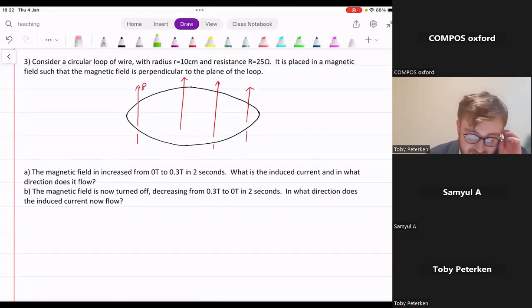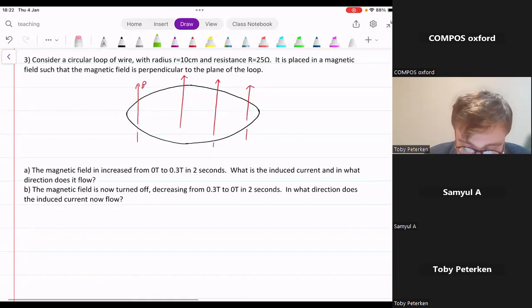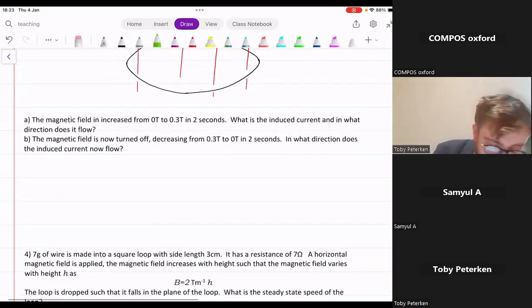So in this case, consider a circular loop of wire. It's got a radius of 10 centimeters, and it's got resistance of 25 ohms. It's placed in a magnetic field that is perpendicular to the loop. So the magnetic field is increased. What is the induced current, and in what direction does it flow?